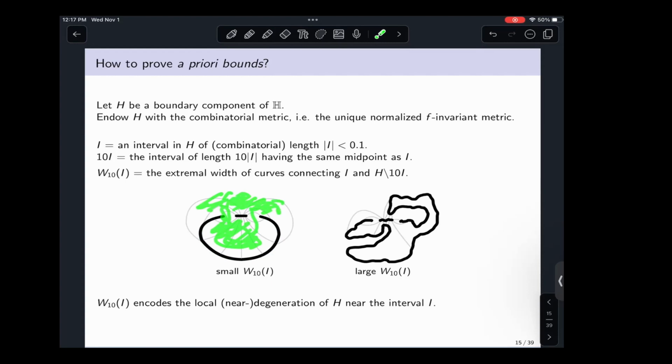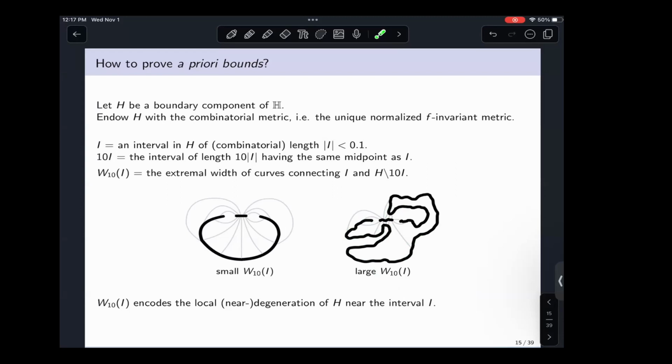Okay. And in general, when this quantity is very small, then H could be very regular. But if this W10 width is large, then that means there will be some part of H minus 10I that will be very, very close to I, and you get a large width of curves connecting I and H minus 10I.